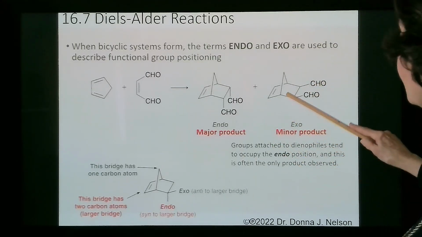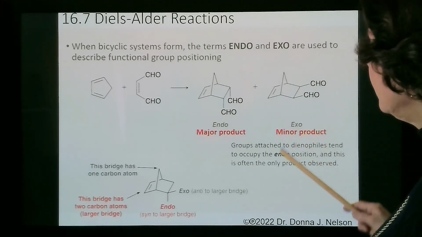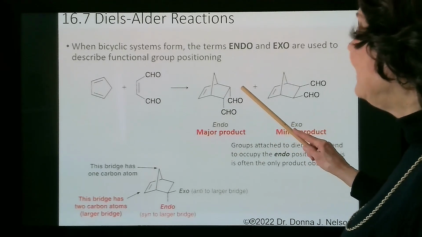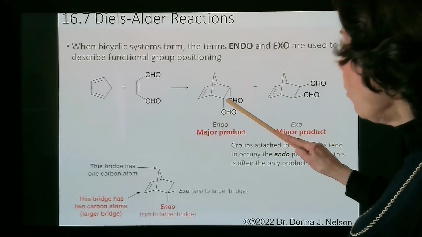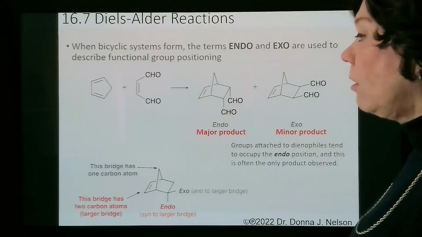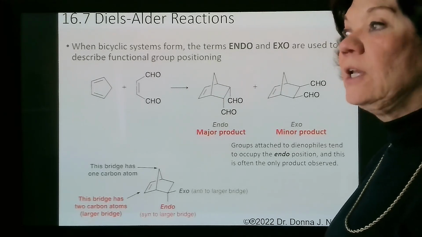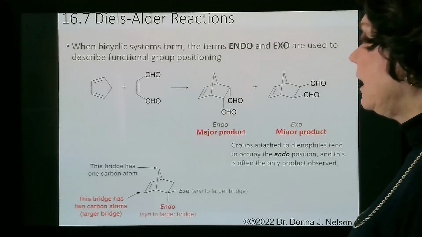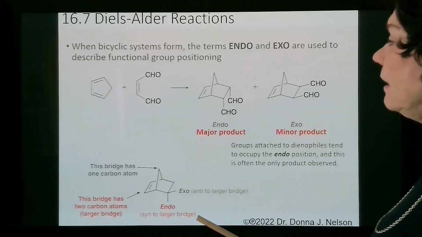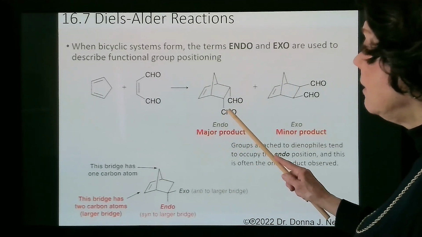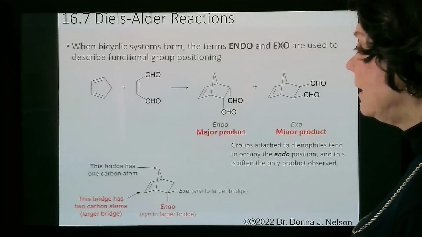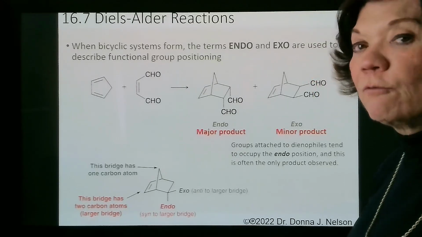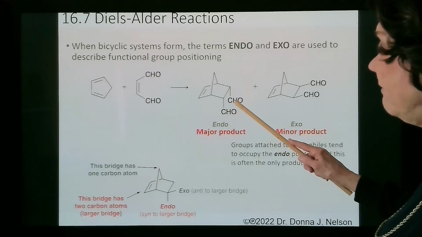So this product will have less steric hindrance in the product and also in the transition state leading to the product. This product will have more steric hindrance in the product and also more steric hindrance in the transition state leading to the product. So the interaction that is happening to favor this more sterically hindered product is overriding. The electronic effects are overriding the steric effects here.